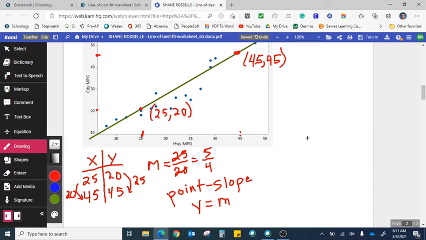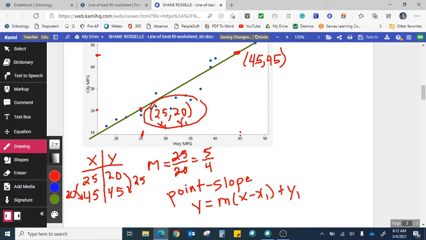I like to use this one: y equals m times the quantity x minus x1, plus y1. From here, I can create the equation of the line by just plugging in what I know. I already found the slope, and this right here will be x1, and this would be y1.